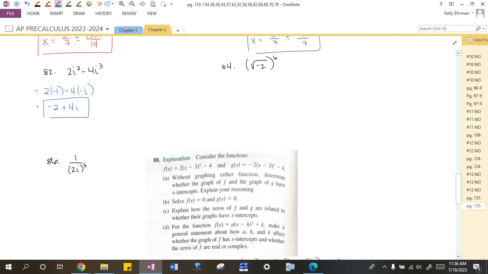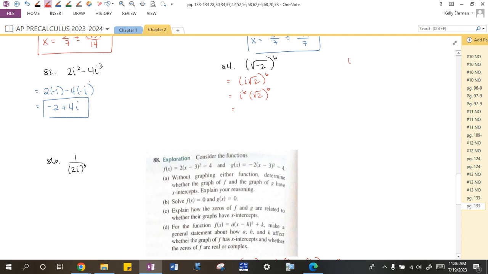84 is kind of interesting because we're not just squaring a square root, we're raising it to the 6th power. So I'm going to take this one first as i radical 2 to the 6th power. Then remember, when you're raising something to an exponent and there's multiplication here, each part gets the 6th power. So this becomes i to the 6th times radical 2 to the 6th.